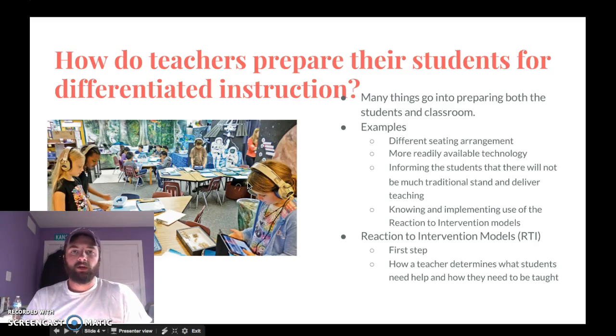There we go. Alright, so how do teachers prepare their students for differentiating instruction? There's a lot of things that go into this. You have to let them know that, hey, I'm not going to be just standing up here delivering. We're going to figure out the best way to teach everyone.